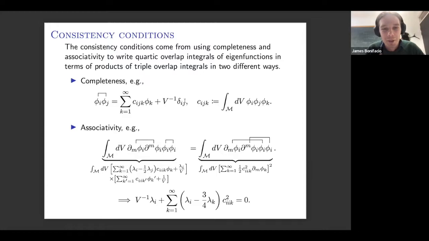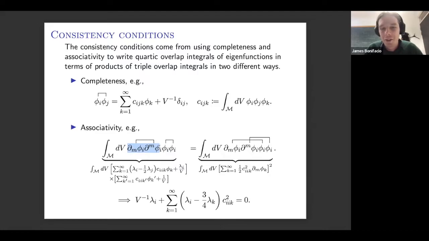Okay, so that's completeness. By associativity, I just mean the associativity of the product of eigenfunctions on the manifold. And I'm going to use this in a very particular form. Namely, I'm going to consider an integral of a product of derivatives of eigenfunctions. For example, here I take the integral of the product of the first derivative of the eigenfunction squared times the eigenfunction squared. And then I'm going to use completeness to write this in two different ways. So for example, I could take the first and the second terms. This is some function.